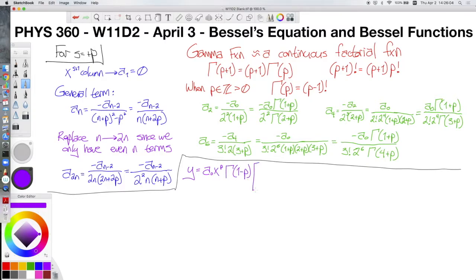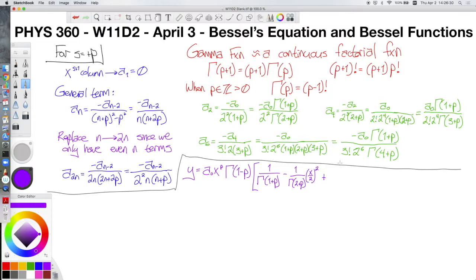The rest of our terms then become the following. The first term is 1 over the gamma function of 1 plus p. Then the next term involves minus 1 over the gamma function of 2 plus p, with this function having an x over 2 quantity squared.